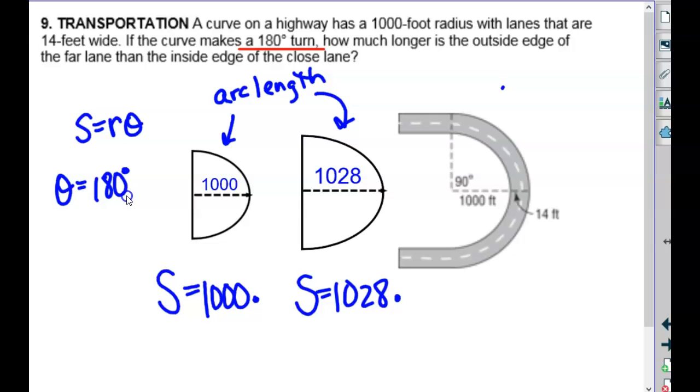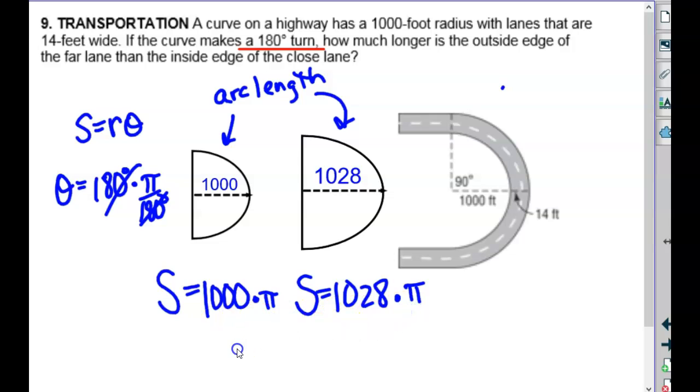Then what does it say behind that? Theta must be in radians. These formulas only work if theta is in radians. So what do we have to do to 180? Change it to radians. I hope you already know that 180 is just pi, right? So these are the two arc lengths, and we need to find the difference.